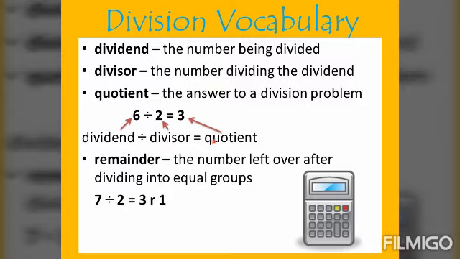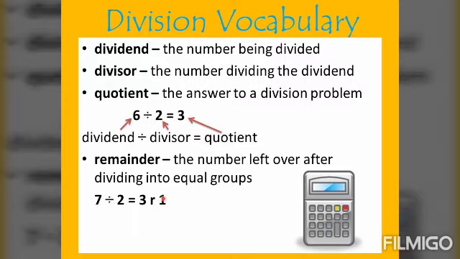which is the answer of division. I have here another part of the division sentence, guys: the remainder. And this is new for you. Take note that the remainder is the number left over after dividing into equal groups. The example we have here is 7 divided by 2 equals 3 R1. R, guys, stands for remainder.